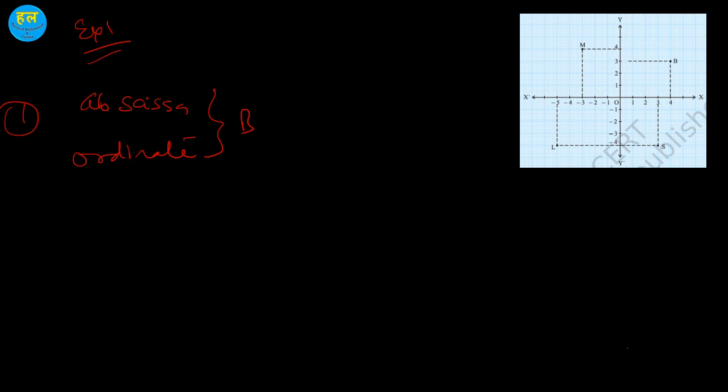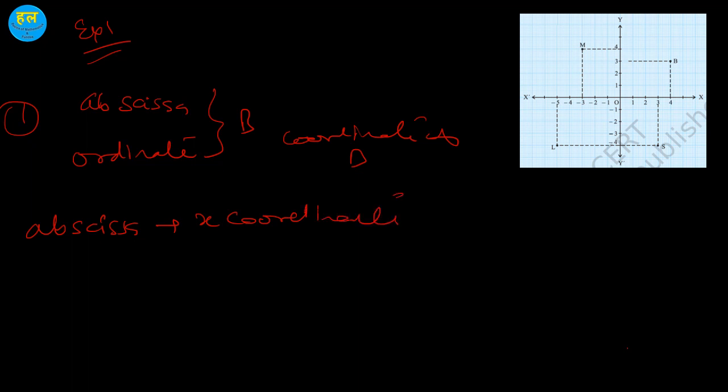So what is abscissa? Abscissa is basically the x coordinate. Okay, and ordinate is basically the y coordinate.